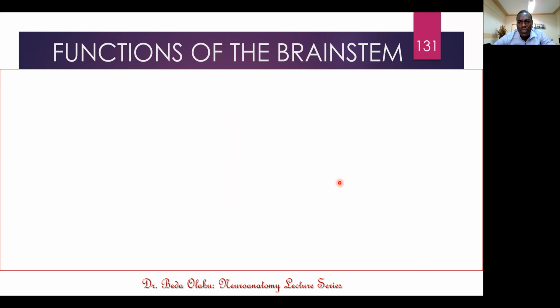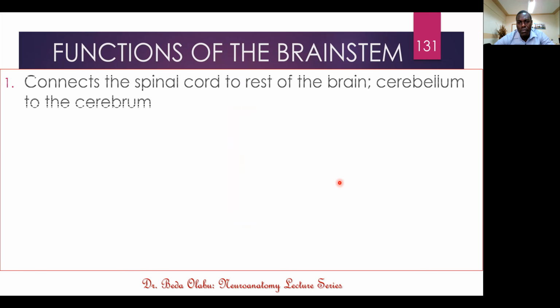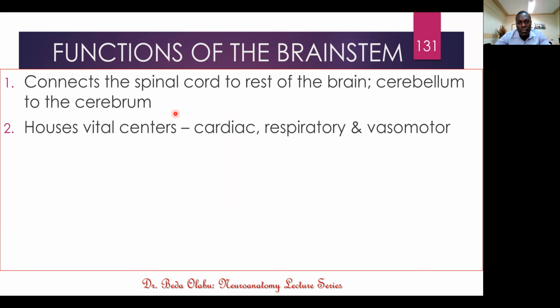What are the functions of the brainstem? The brainstem connects the spinal cord to the rest of the brain. It also connects the cerebellum to the cerebrum. Apart from connecting, the brainstem also houses vital centers.